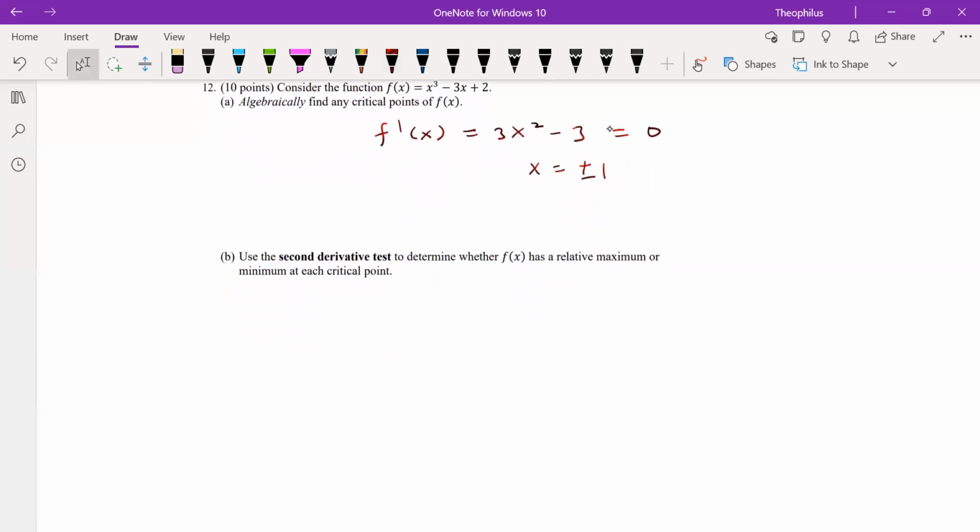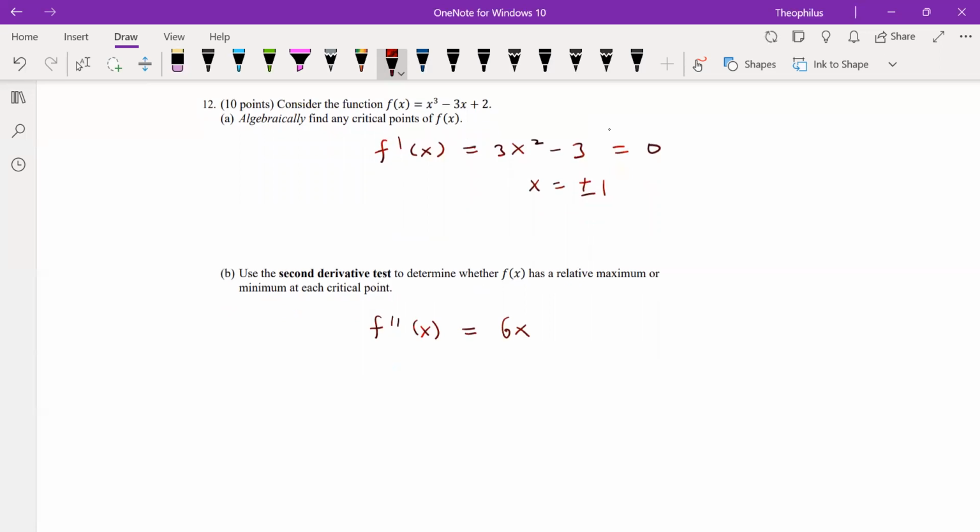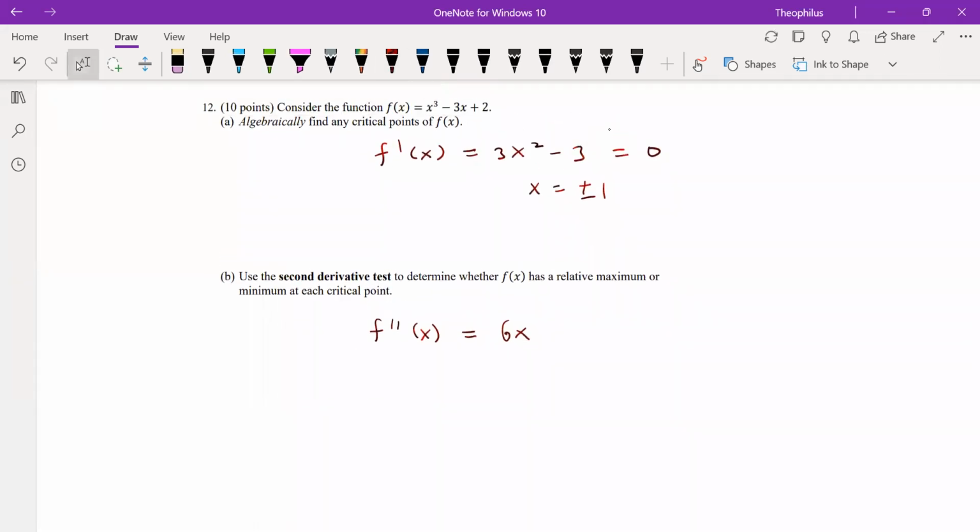Now, since we want to use the second derivative test to determine the relative extrema, what we need to do is find the second derivative of this function. The second derivative is 6x. Now we need to evaluate this second derivative at the critical points.